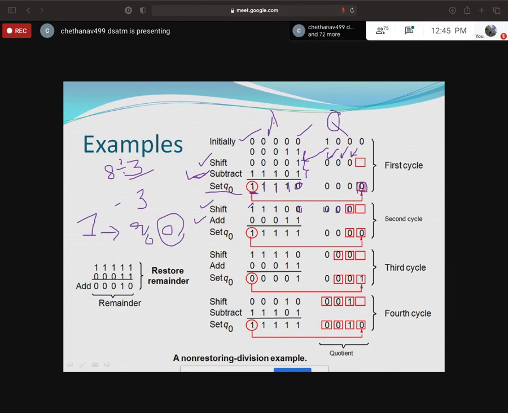Then add the value. Since this bit is 1, just add it in the next step; don't subtract. Add means keep the same value as positive 3, not minus 3, and just add it. 0 plus 1 is 1, 0 plus 1 is 1, 1 plus 0 is 1, 1 plus 0 is 1, 1 plus 0 is 1.